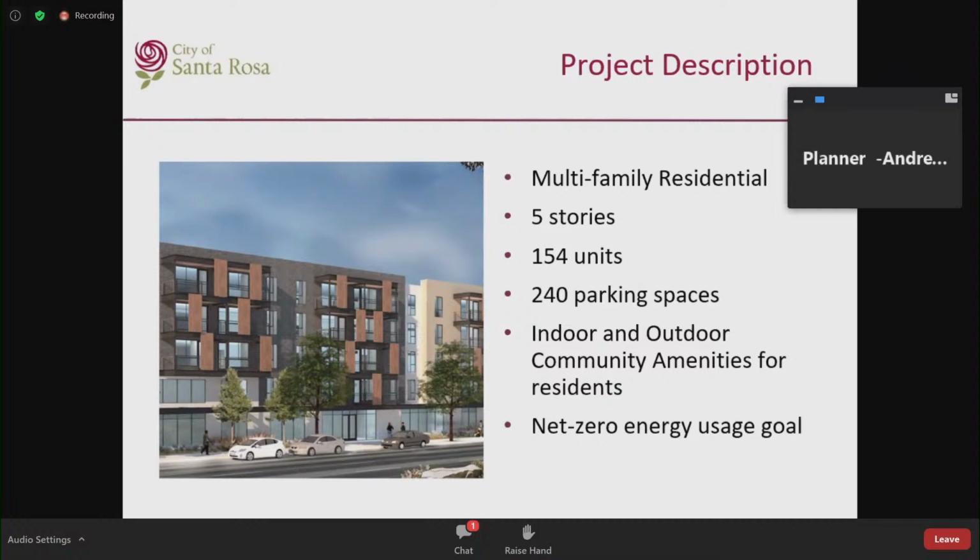It would propose 61 one-bedroom units, 64 two-bedroom units, and 33 three-bedroom units in a 5-story building. 240 parking spaces are proposed. These are surface parking spaces with solar canopy carports. Indoor and outdoor community amenities are proposed for the residents, and the project seeks to achieve net zero for energy usage. Next slide, please.